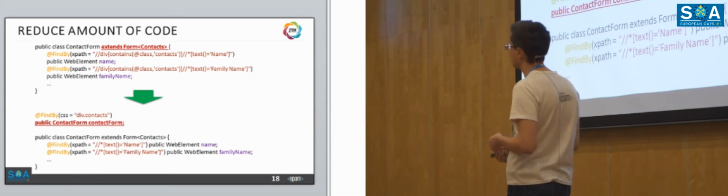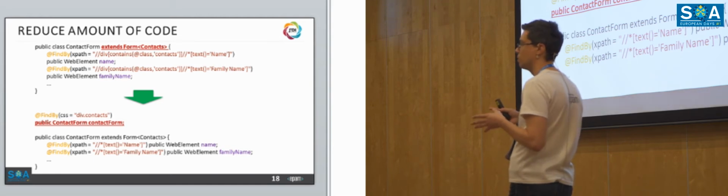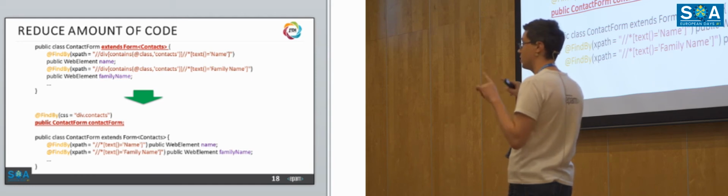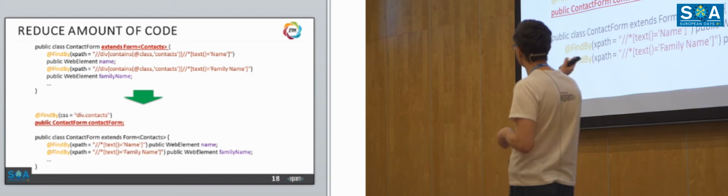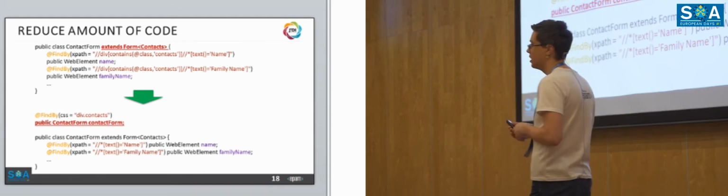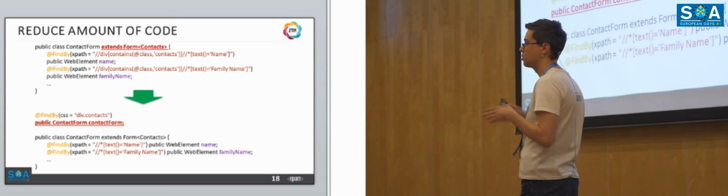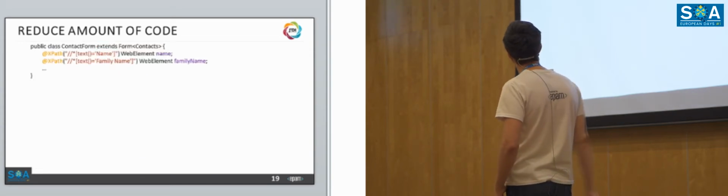So you get smaller locators, and these locators are more stable than the original, because they are in this context. And if some other elements on the page have the same text name locator, it will not be found. You will find only this one because it's in this context, in this section. This makes the test more stable.